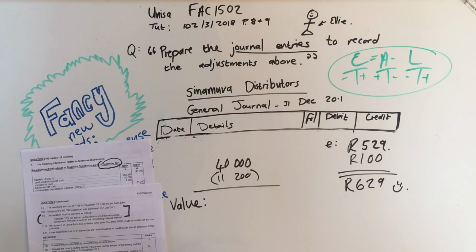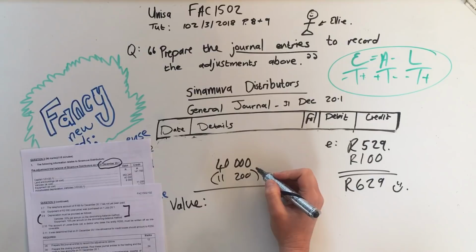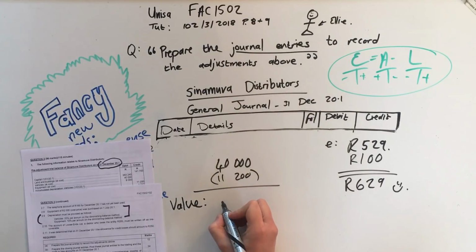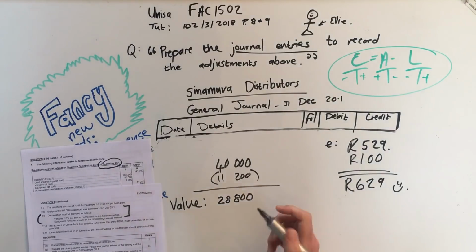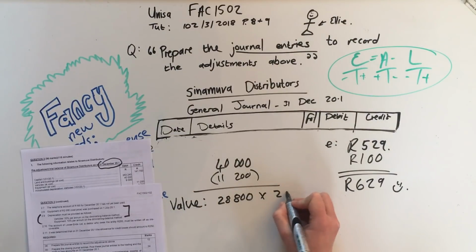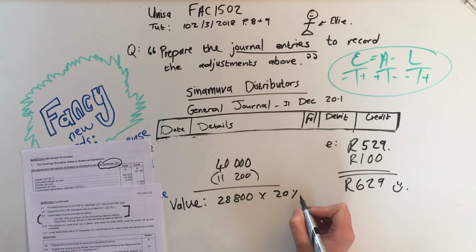You gotta be kidding me, it doesn't want to work now. Okay, fine. That would be 40,000 minus 11,200, 28,800. Times 20%. I'm going to just check the memo for this one because my calculator bailed on me.